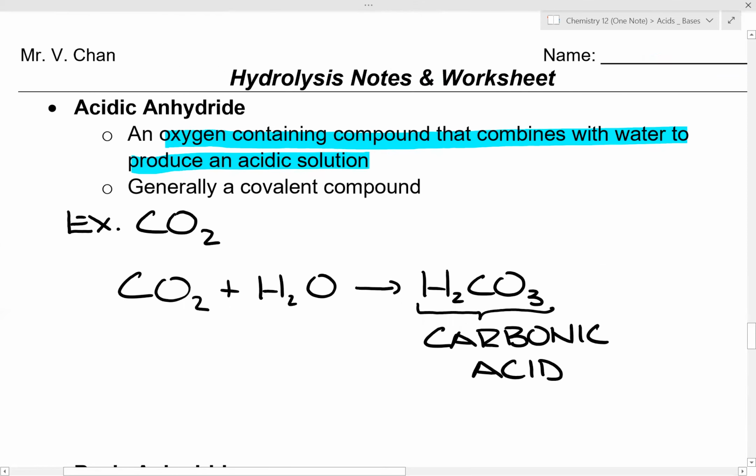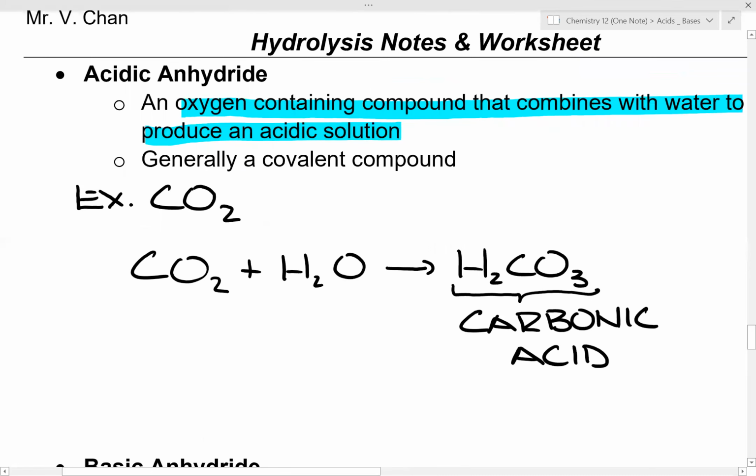This is called an acidic anhydride. So a neutral covalent compound that contains oxygen can react with water to produce a weak acid. And this is why if you were to collect rainwater, it is slightly acidic.